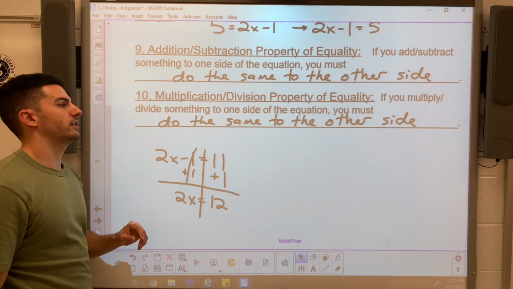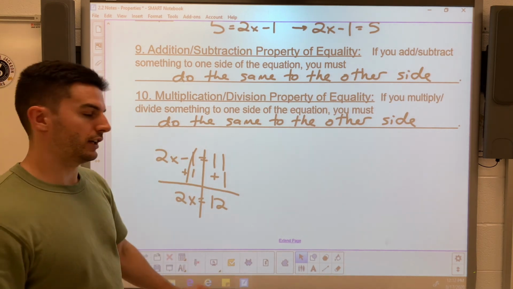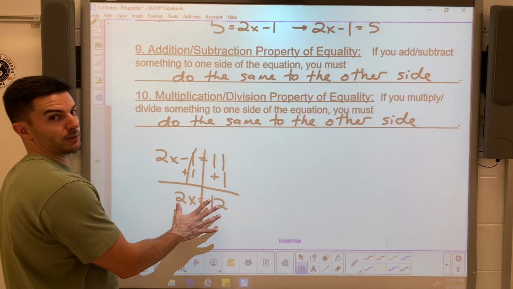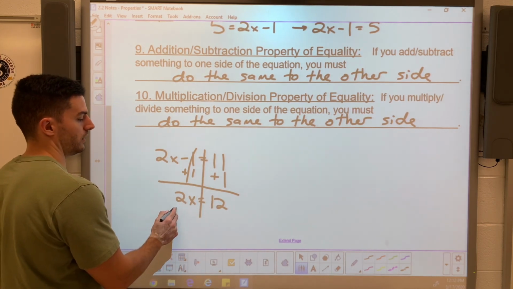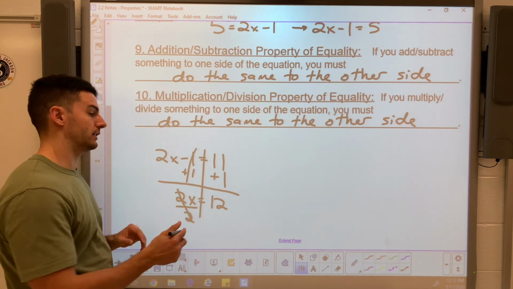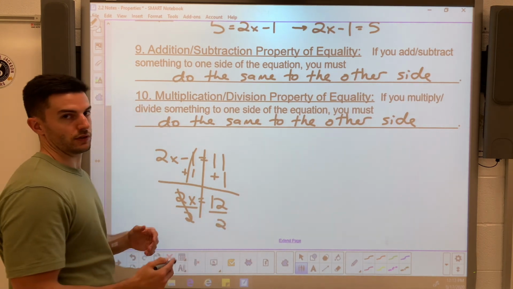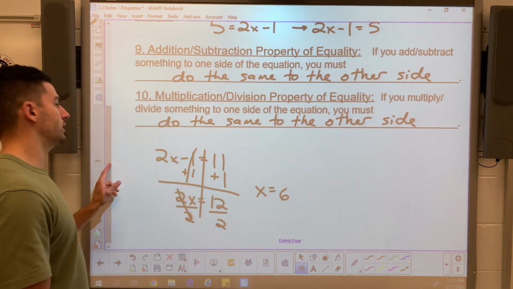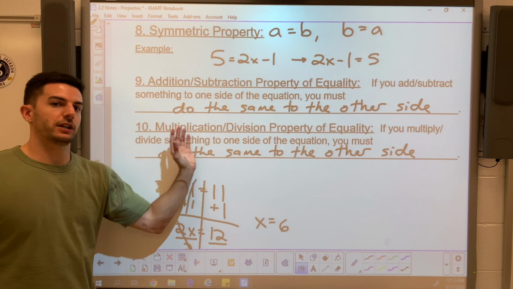But yeah, if you multiply and divide something to one side of the equation, you have to do the same thing to the other side as well. So like in my same example, 2x is equal to 12. If I divide by this 2 to cancel it, again, to keep my equation in balance and keep it as an equation, I have to do the same thing to the other side. So that's the property of equality, addition and subtraction, multiplication and division.